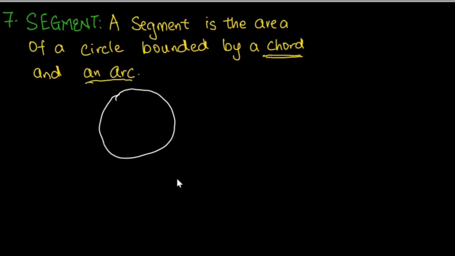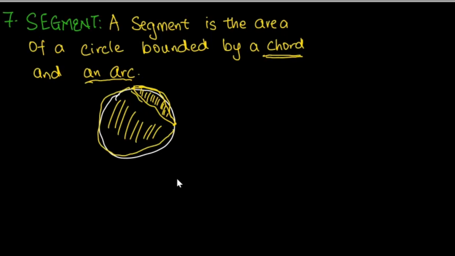Recall that an arc is a part of the circumference. So from here to here is an arc. So this is an arc, and then we can have a chord. So this part within that is bounded, meaning enclosed, by this chord and an arc is a segment. Also, this other larger part is also a segment because it is formed by this arc and this chord.